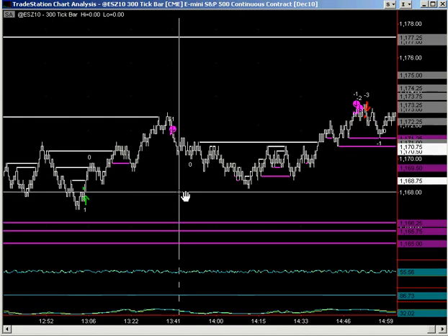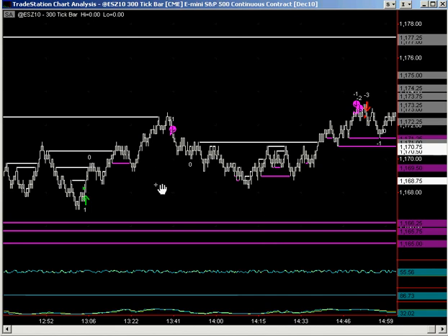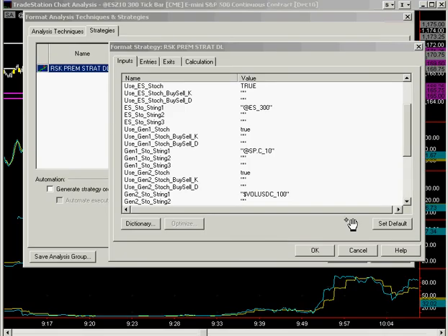Let's look at a different strategy. Let's suppose I want to trade the following combination of circumstances. I want to trade with the trend. I've got to know what the trend is, and I only want to trade with it. So I'm going to trade in only one direction. And in this case, I'm going to set this thing up to trade long only when the trend is in agreement.